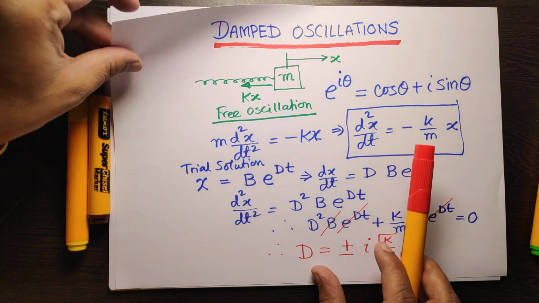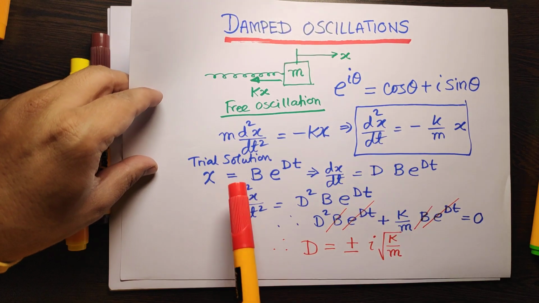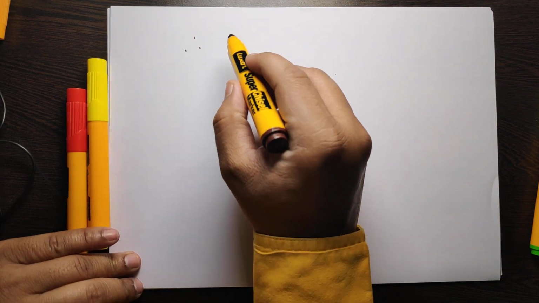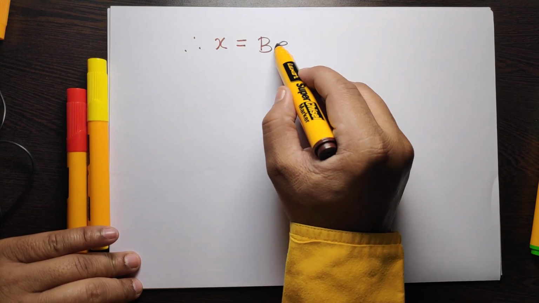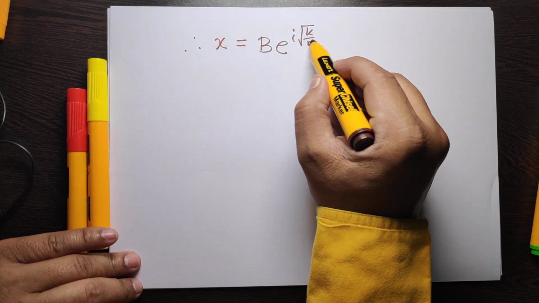So the trial solution was x equal to b e to the power dt. As we have solved for d, x equal to b e to the power i root k by m t.